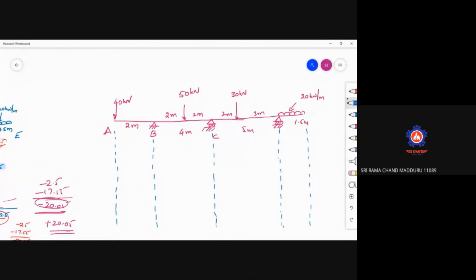First of all, draw the baseline. So this is the baseline. Now draw first the simply supported bending moment, then we will go with our negative bending moment.